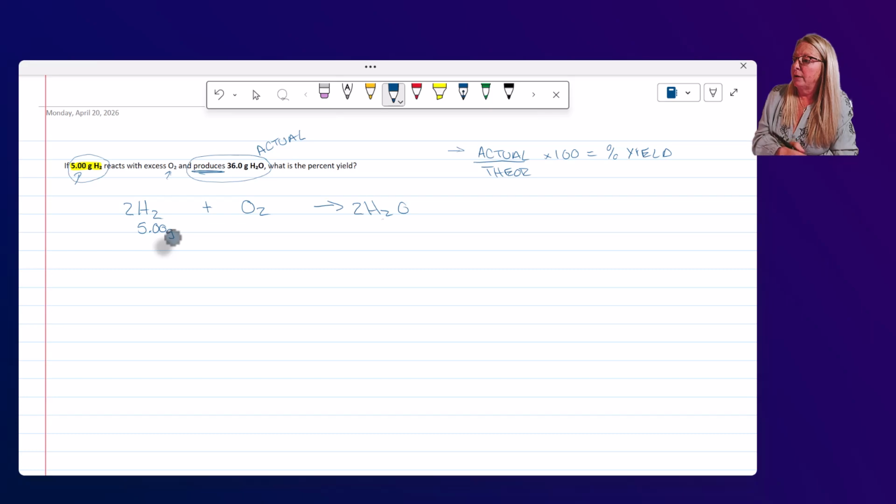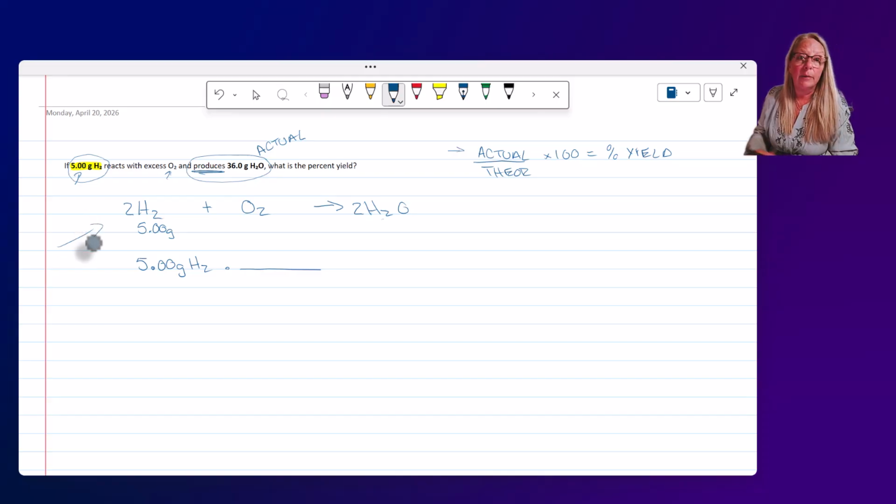The first thing I want to do is start with the piece I've been given that I can do math with. I've been given 5 grams of hydrogen, and in order to use my stoichiometry, I have to get that into moles. To get it into moles, I need molar mass.